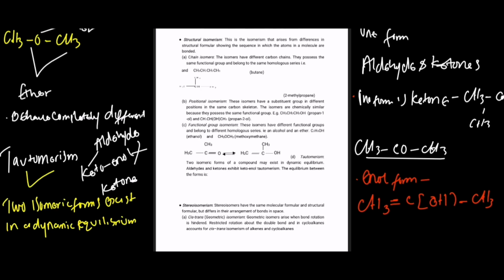One form is the ketone, and the other is the enol form. What is really happening here is that the hydrogen shifts position.